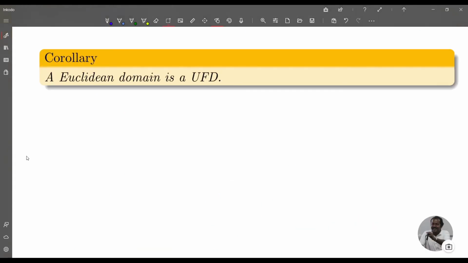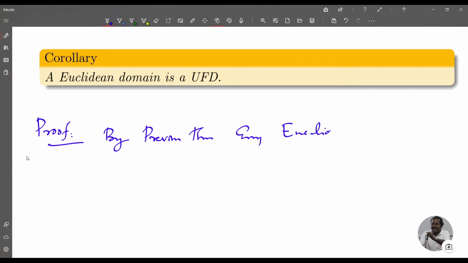Now we have a corollary to the previous theorem. Every Euclidean domain is a unique factorization domain. We prove this. By the previous theorem, every Euclidean domain is a principal ideal domain.